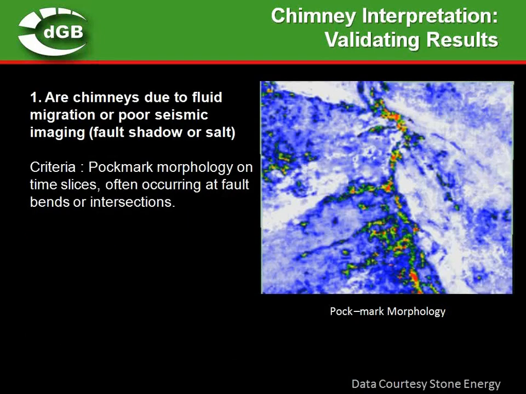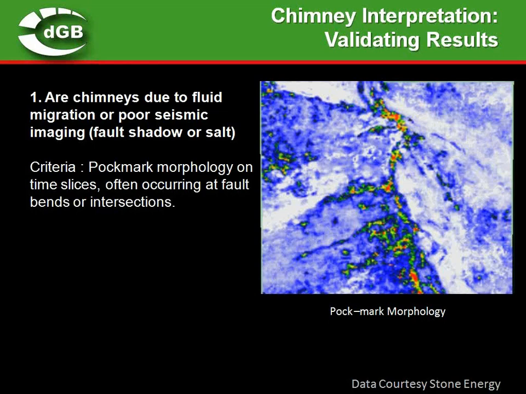What we want to do is really ask three main questions. The first question is, are the chimneys due to fluid migration or just poor seismic imaging? A lot of times related to faulting, you may have poor imaging that could be related to velocity contrasts across the fault, be it a fault shadow, or other features like salt can cause poor imaging that are not due to hydrocarbon migration.